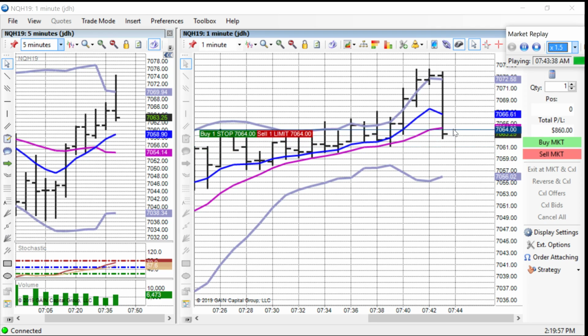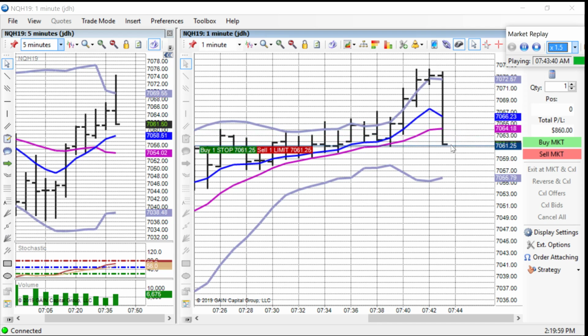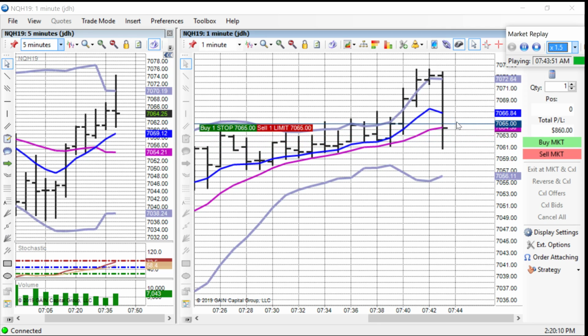I'm not going to jump on it right here. Even though it's tempting, you want to take that momentum, but I just want to wait till the next price bar tells me what it's going to do. See if that's going to continue here.